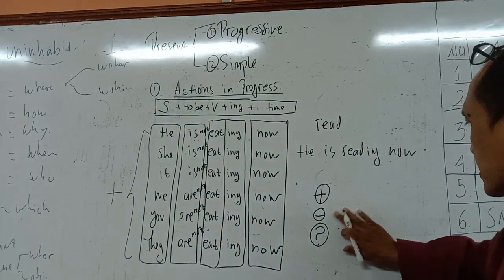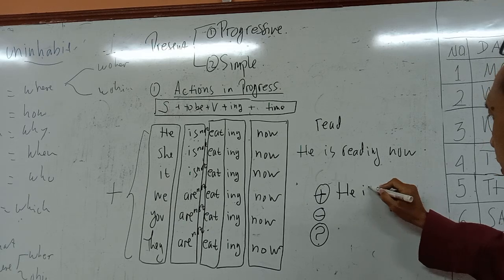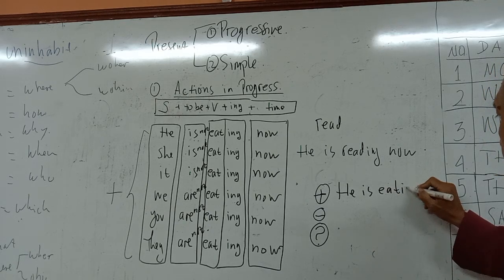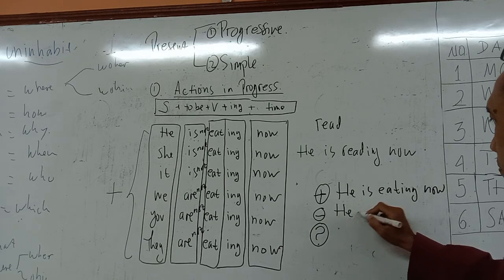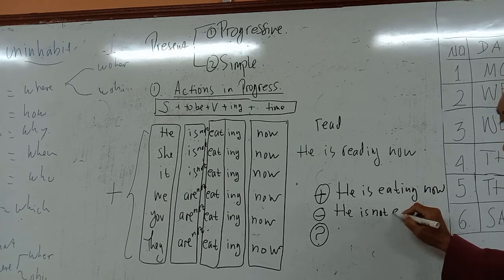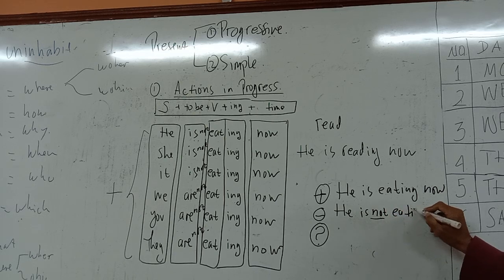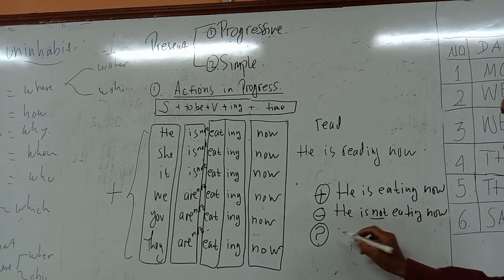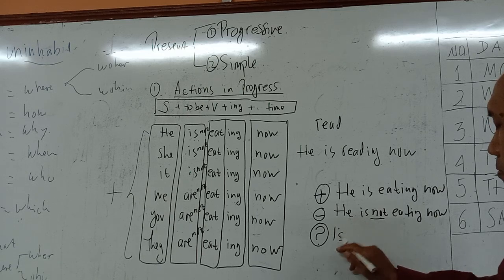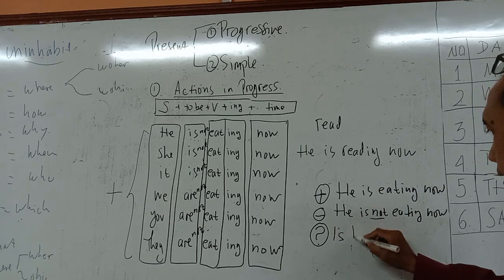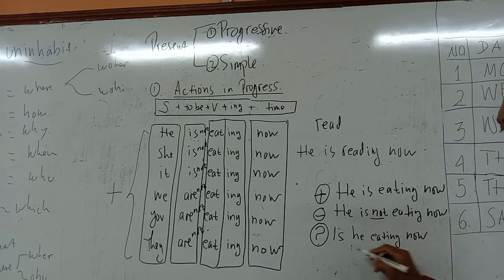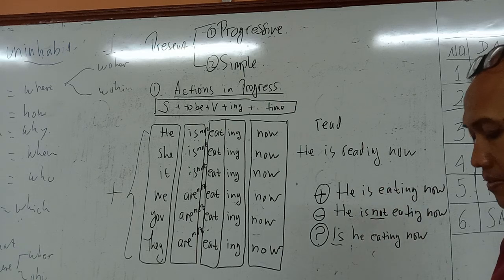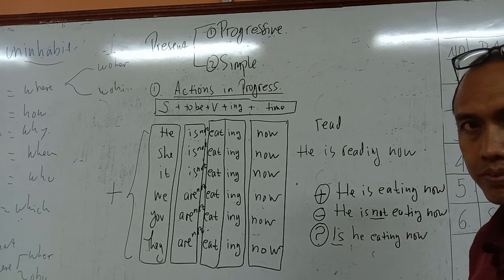So positive: he is eating now. Negative: he is not eating now. And for interrogative, you put the to be in front of the sentence. Is he eating now? Okay, so the present progressive is simple.